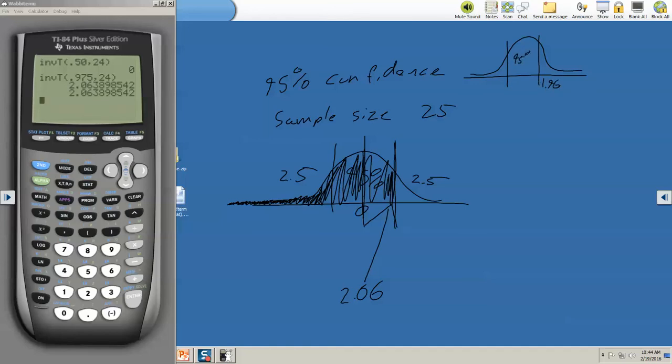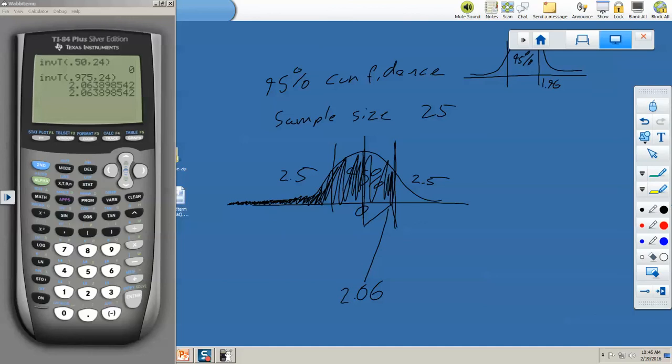That's not an accurate to scale drawing. But this value is 1.96 on a Z model. Notice that our 95% that we did here was 2.06, kind of far away from the 1.96. But if we increase the sample size, we'll start getting numbers that are closer and closer to 1.96.